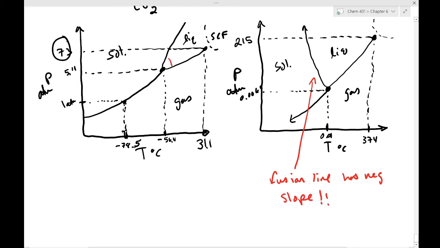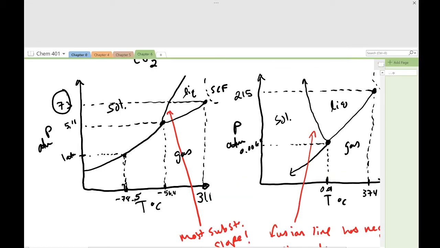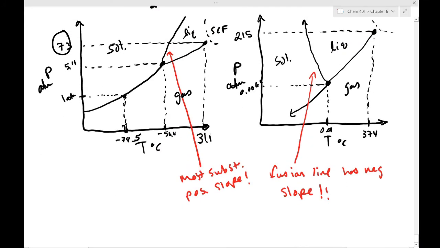If you look over here, the fusion line for CO2 has a positive slope. Most substances have a positive slope in the fusion line.